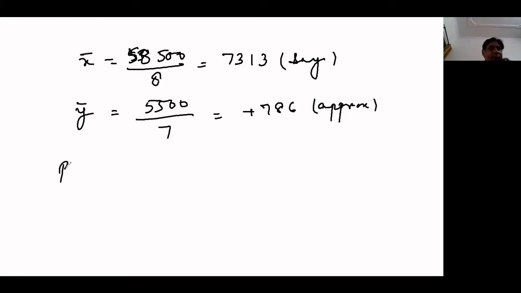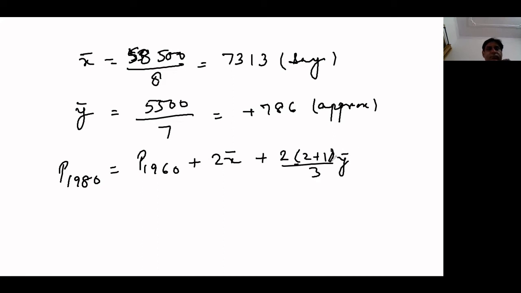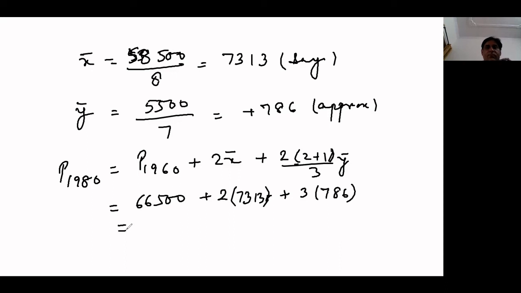Now, if someone asks me the value of population in year 1980, it will be 1960 plus twice x bar plus... this would come out to approximately 83484, right?